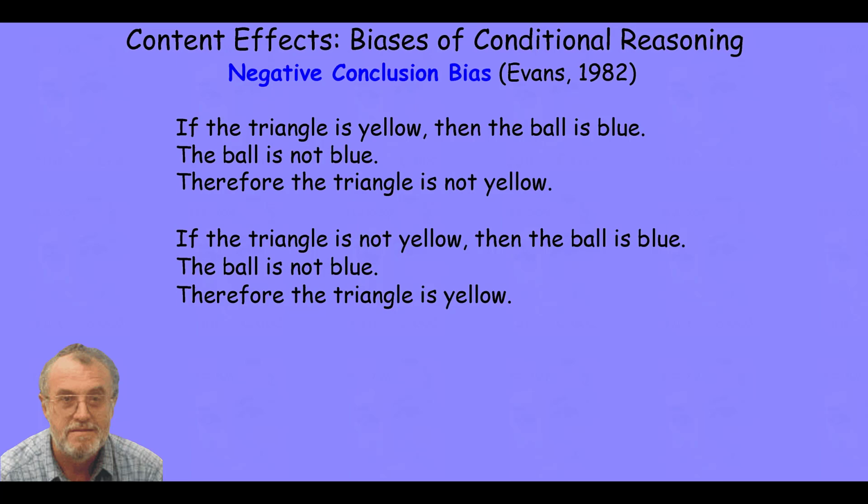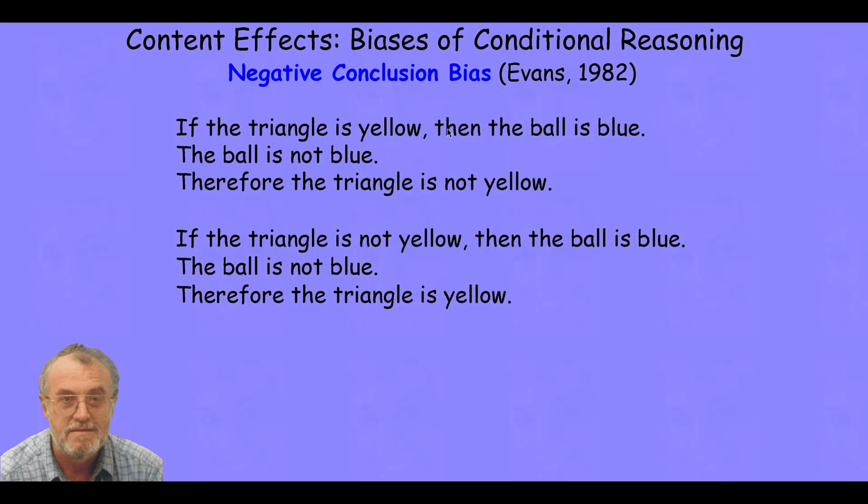Now, you might have noticed, but lots of students may not, that these arguments are really the same basic argument. It's so common that it's got a Latin name. It's called modus tollens. Modus tollens are conditional arguments where one premise is a conditional statement. If the triangle is yellow, then the ball is blue. It relates the truth of what's called the antecedent of the conditional to the truth of the consequent.